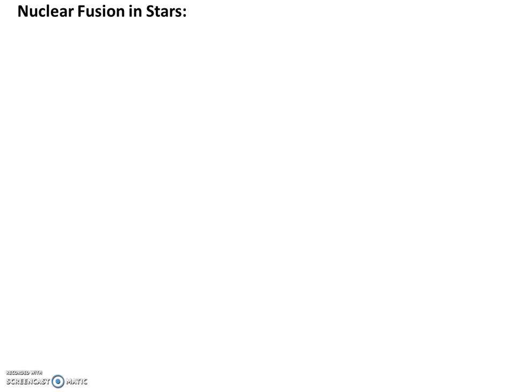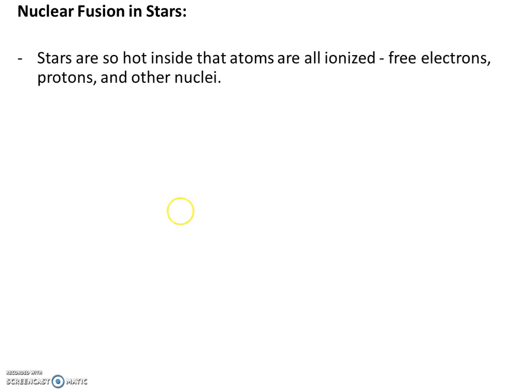So, how does nuclear fusion work then? What makes stars go? Turns out that stars are so hot inside, there aren't really atoms inside stars. In other words, we think of an atom as a nucleus of positively charged and neutral particles surrounded by a cloud of electrons that are bound to the nucleus.